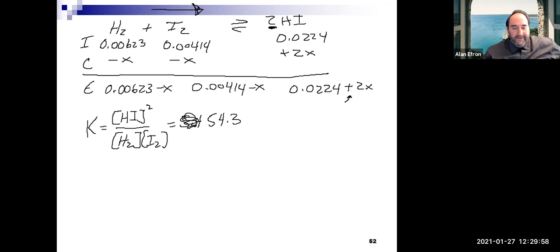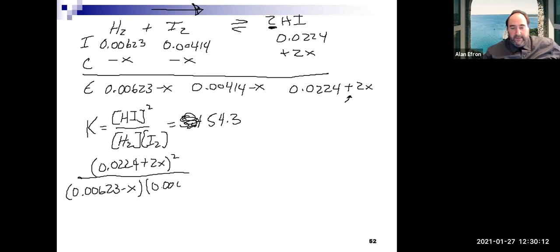So we've got 0.0224 plus 2x, and we are going to square the top. Then we take 0.00623 minus x times 0.00414 minus x, and that is going to equal 54.3.